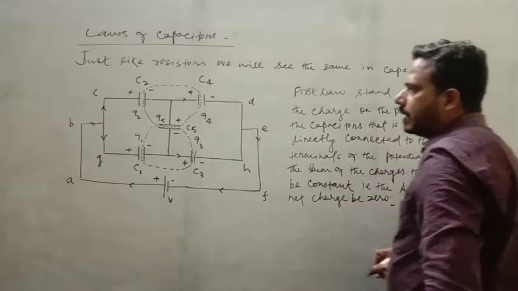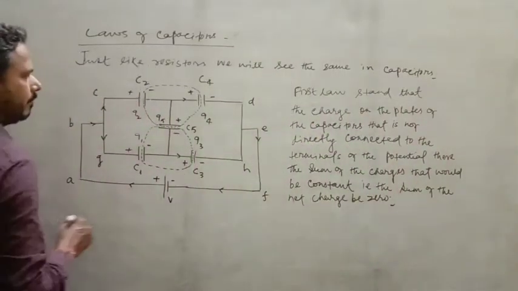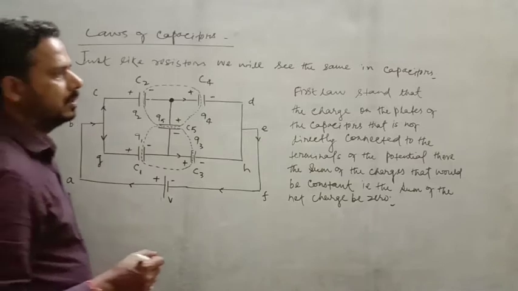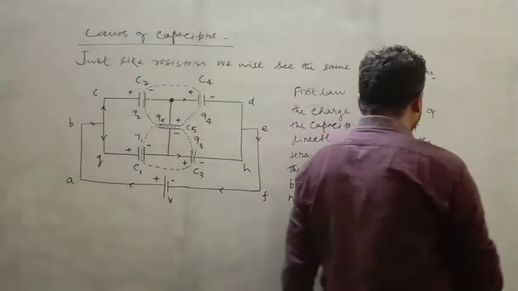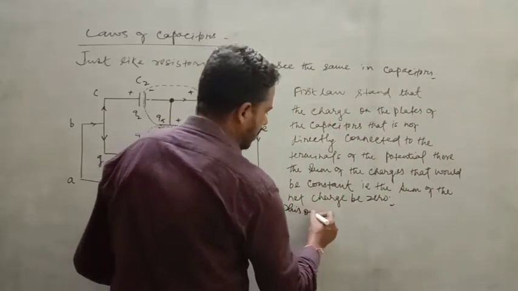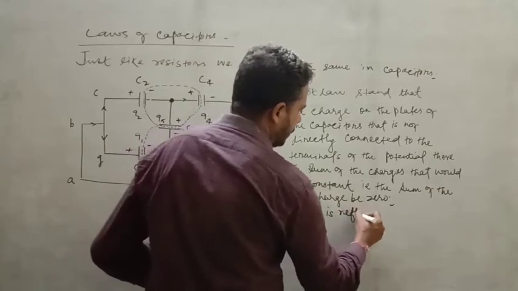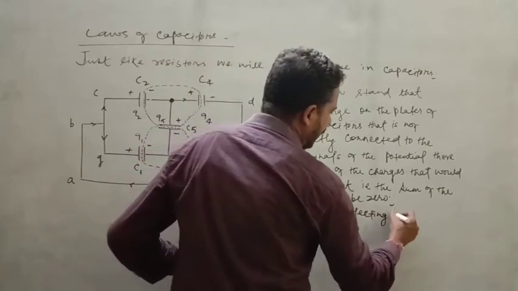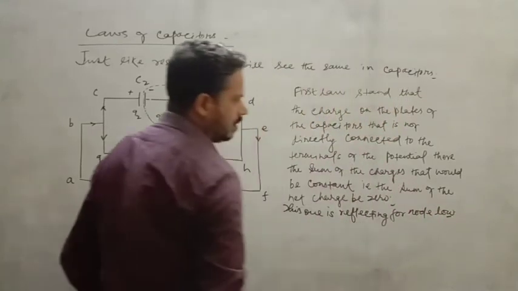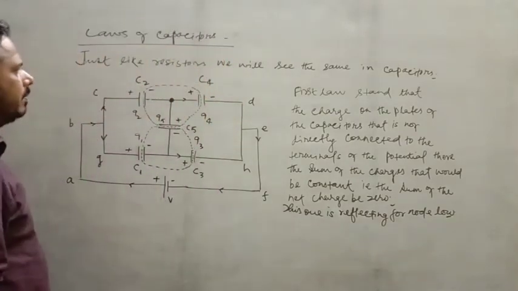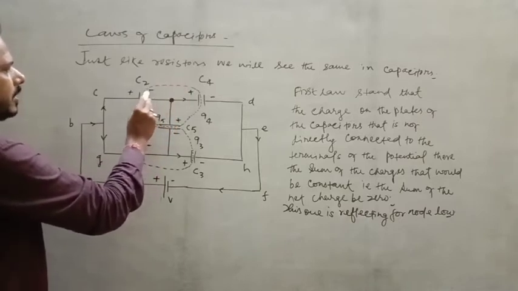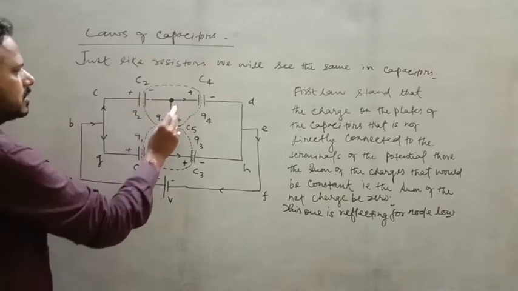Alright, so accordingly here we are seeing that this one is reflecting the node law. This one is called a node. So from here, if you take its sum, you see this plate is connected with negative charge, this one is positive and this one is also positive.